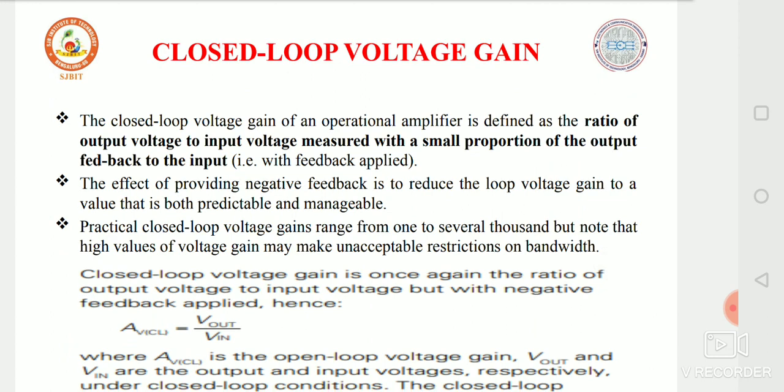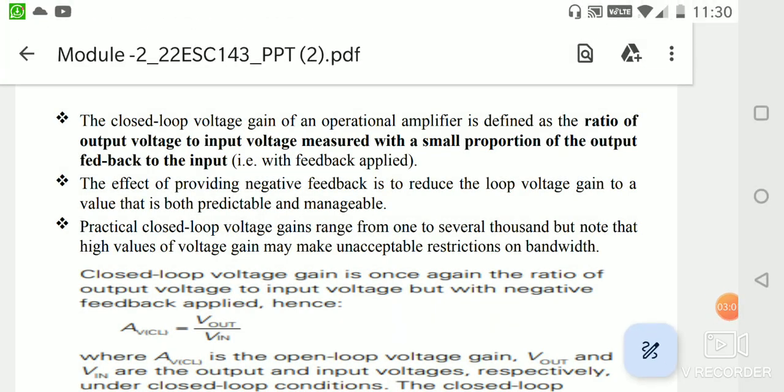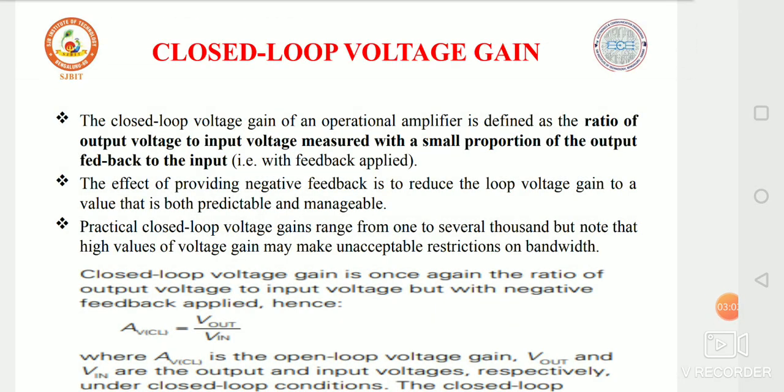Now the closed loop voltage gain. What is this closed loop voltage gain? The closed loop voltage gain of an operational amplifier is defined as the ratio of output voltage to the input voltage measured with a small proportion of the output fed back to the input, which is known as a feedback amplifier.